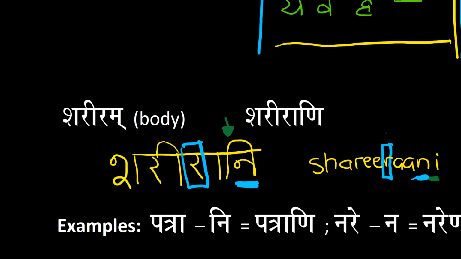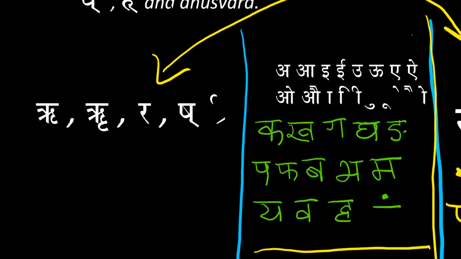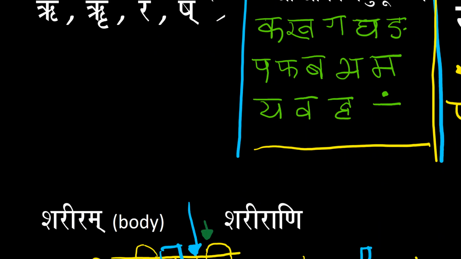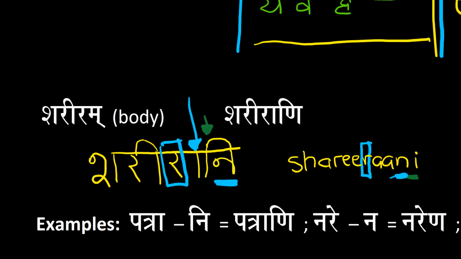Now, there is an intervening letter between the ra and the na. If that intervening letter is a vowel, guttural, labial, ya, va, ha, or an anuswar, then the rule for changing it to a cerebral na still applies.